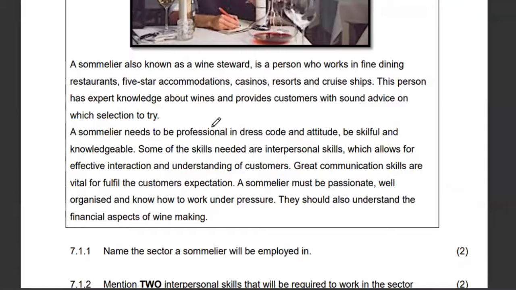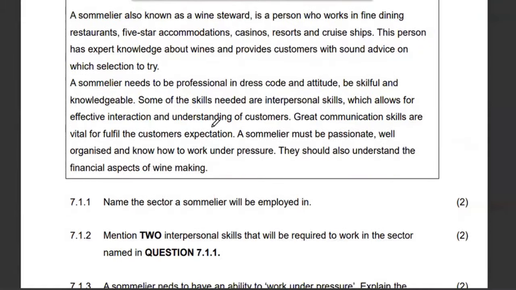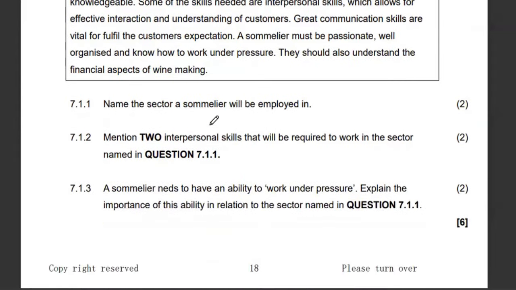A sommelier needs to be professional in dress code, attitude, and be skillful and knowledgeable. Some of the skills needed are interpersonal skills, which allow for effective interaction and understanding of customers. Great customer skills and communication skills are vital for fulfilling the customer's expectation. A sommelier must be passionate and well organized and know how to work under pressure. They should also understand the financial aspects of wine making.